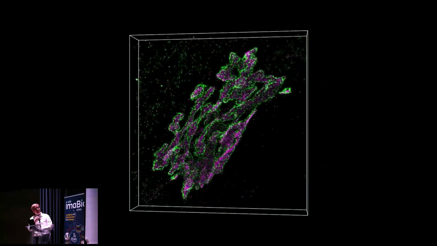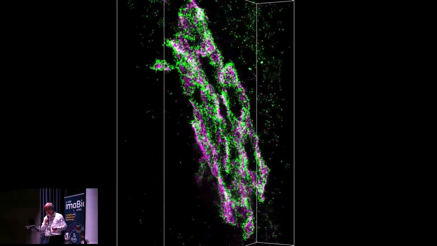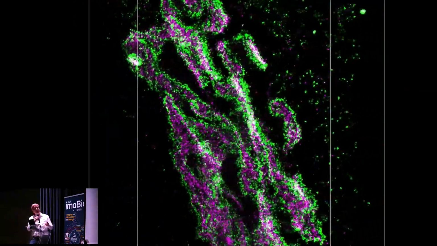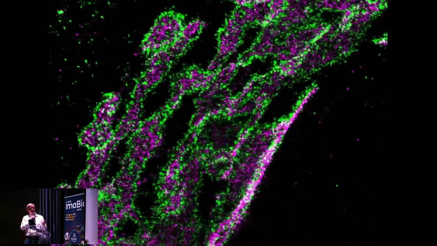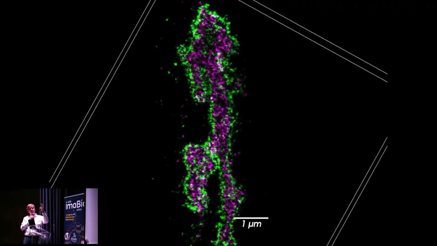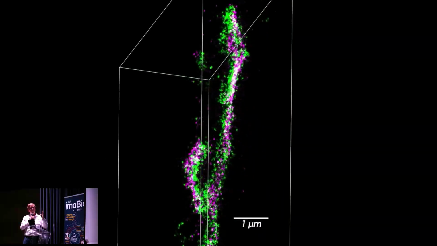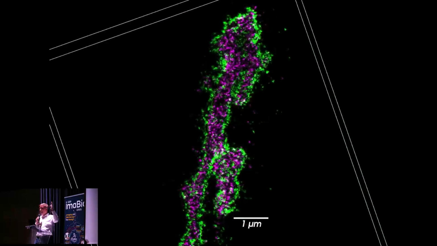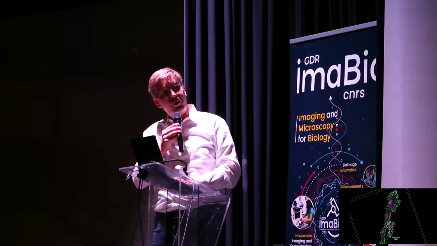If you look at this in 3D, it becomes quite apparent how twisted this is. What you can see here is that these look very flat, because we don't label the whole Golgi stack. These, as it turns out, only label the first cisterna of the Golgi. That's why it looks like a very thin ribbon here.